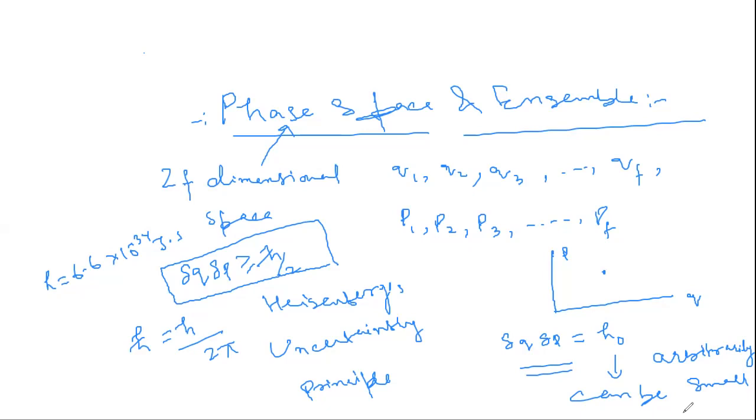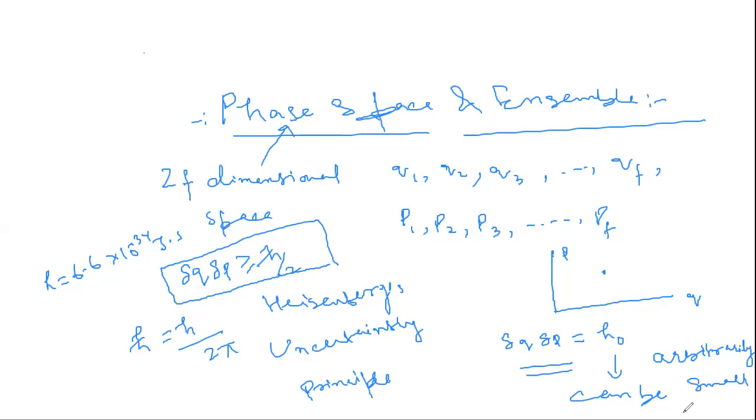But when we consider the ensemble of systems as a whole, there will be a cloud of points, right? Corresponding to each system in the ensemble there will be a point, and corresponding to the ensemble of systems there will be a cloud of points. That means the group of points which will specify the condition of the ensemble at a particular time, right?